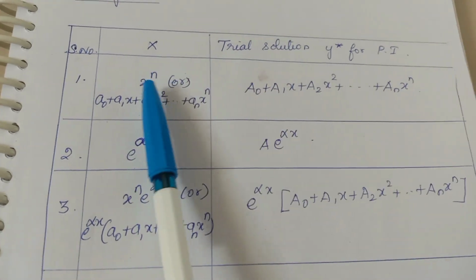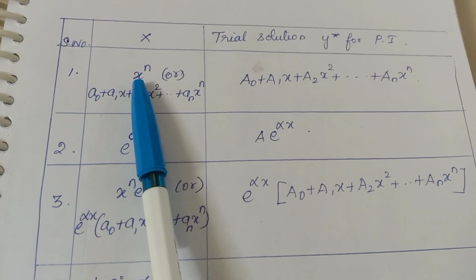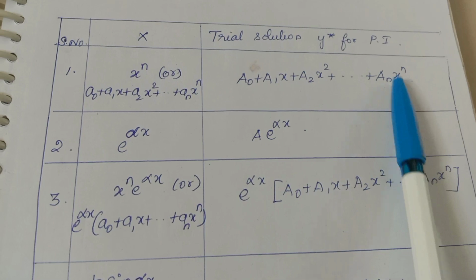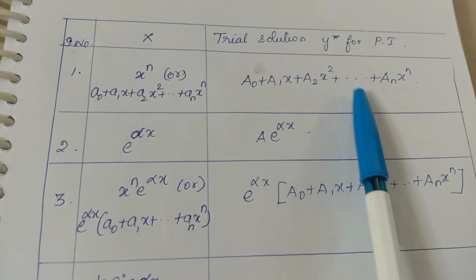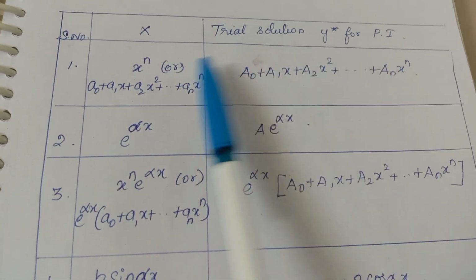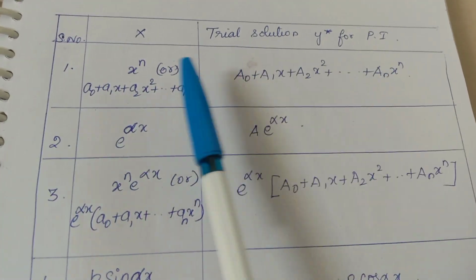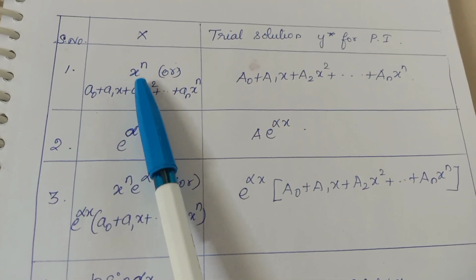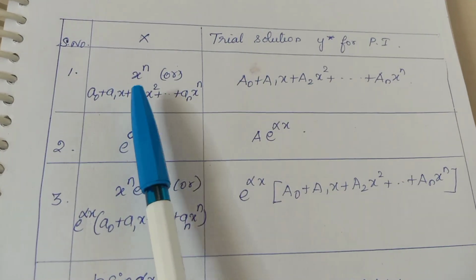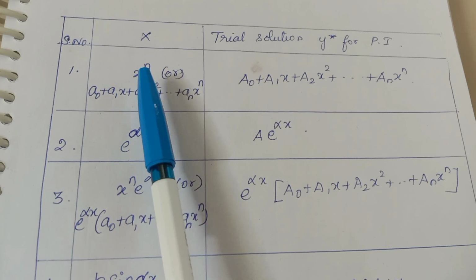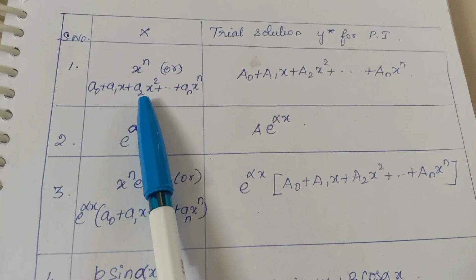Look at the highest power of x, and till that term we have to write, starting from the constant term, x term, x square term, up to the highest power. So this is the trial solution when the right hand side is either x power n or a linear combination of powers of x.